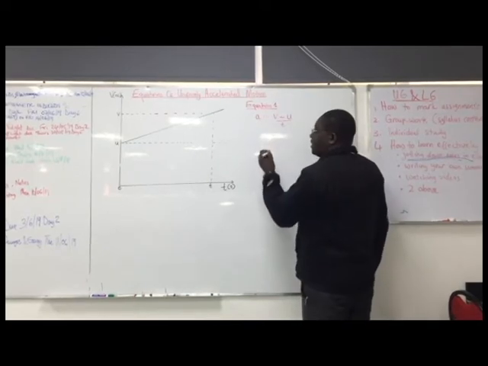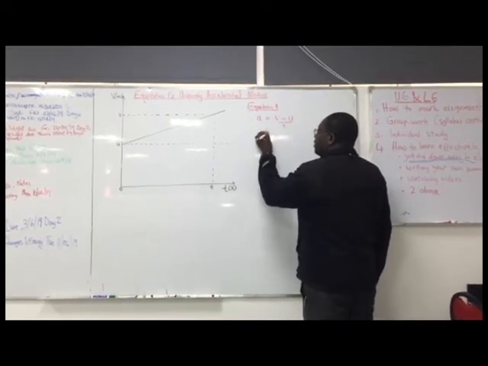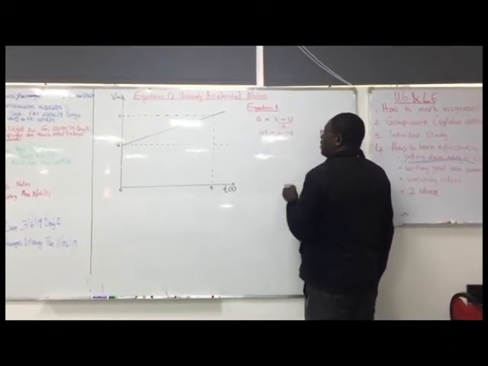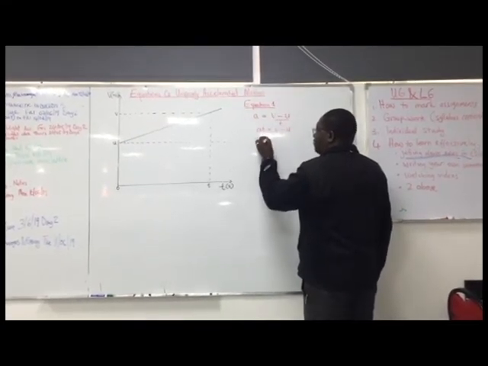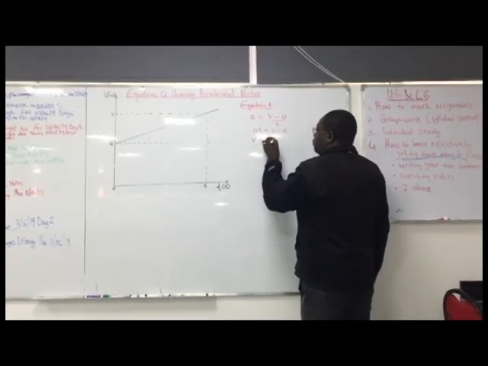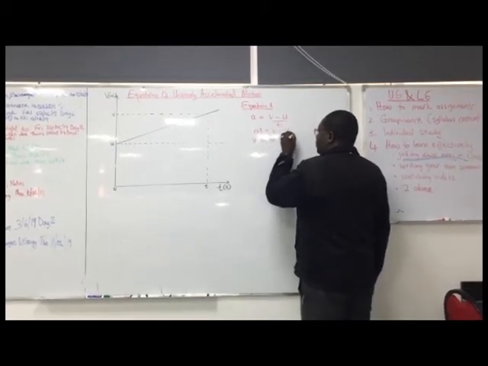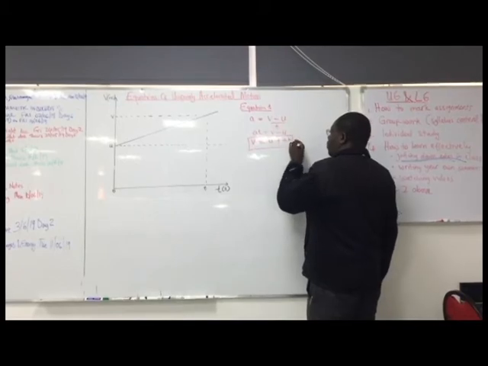Then if you multiply by t both sides, we have at is equal to v minus u. Rearranging the equation to get v on the left side, v will be equal to u plus at. So we're going to call this equation 1.